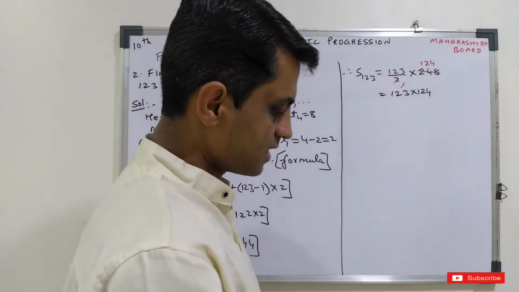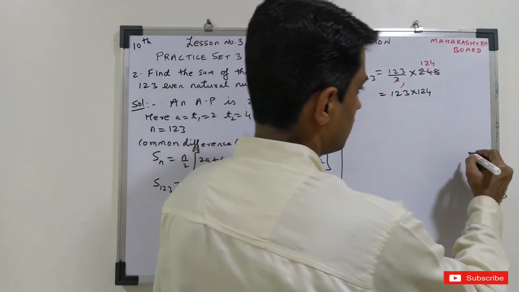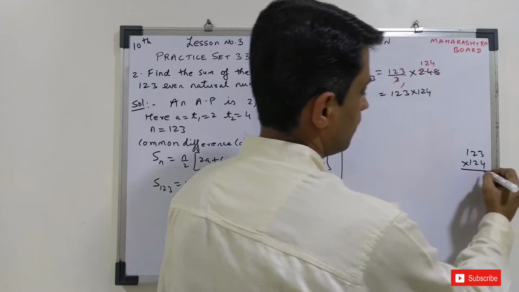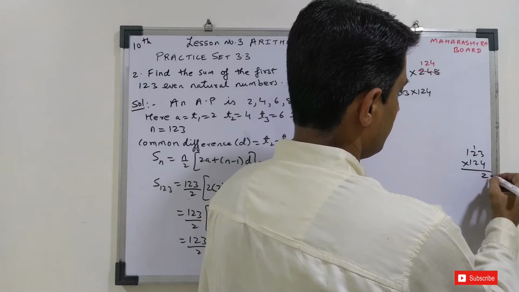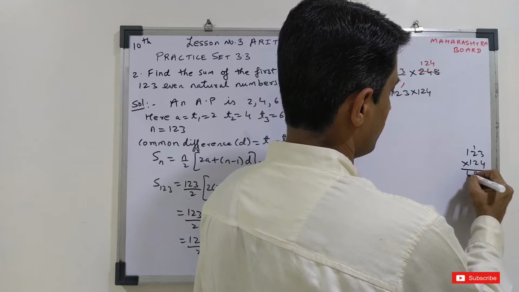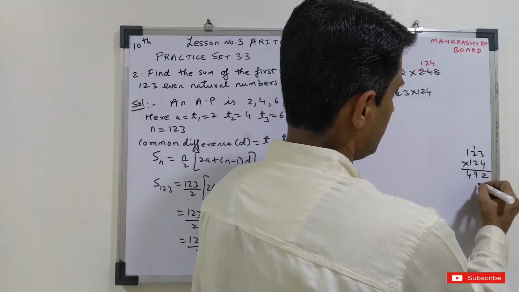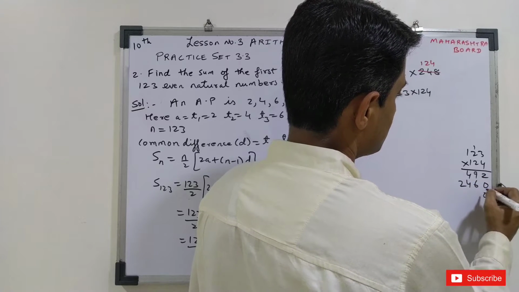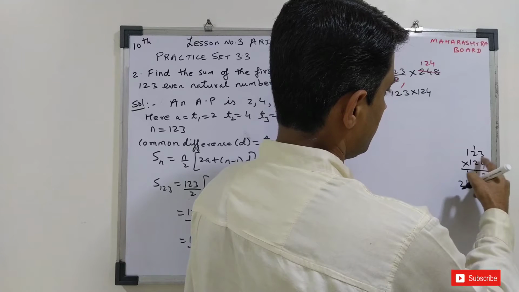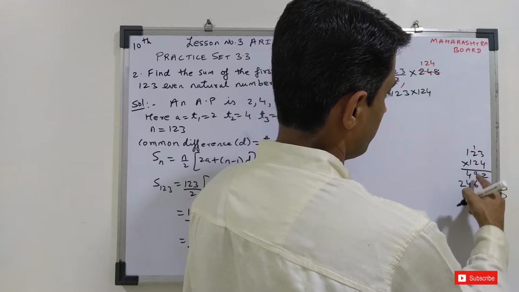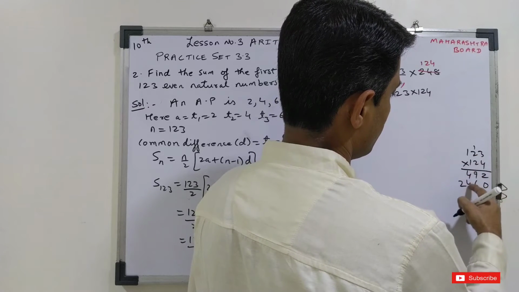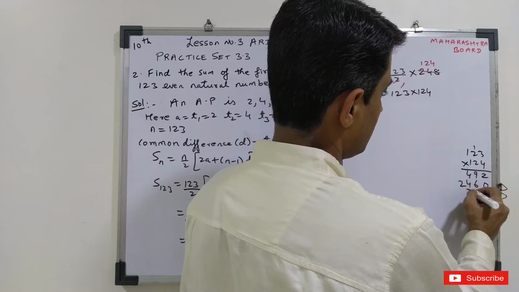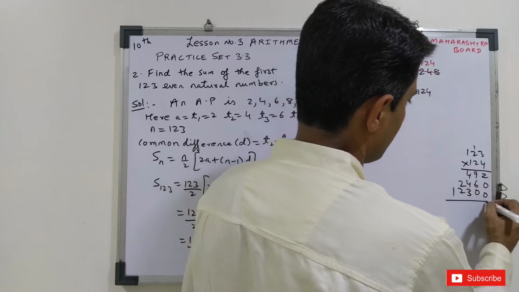Yes students, now let us multiply this. 123 into 124. 4 threes are 12, 4 twos are 8, 9, 4 ones are 4, and so on.